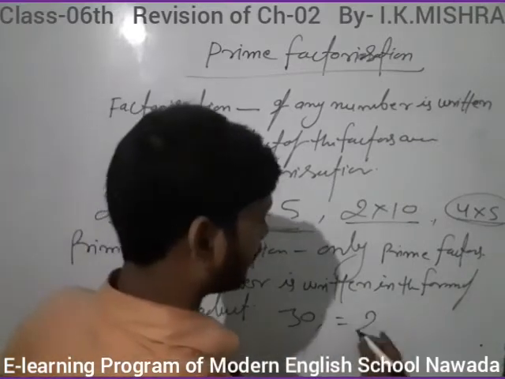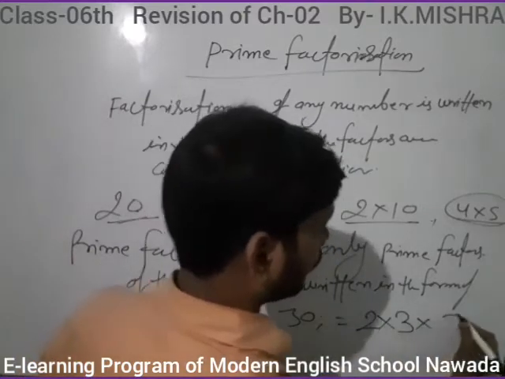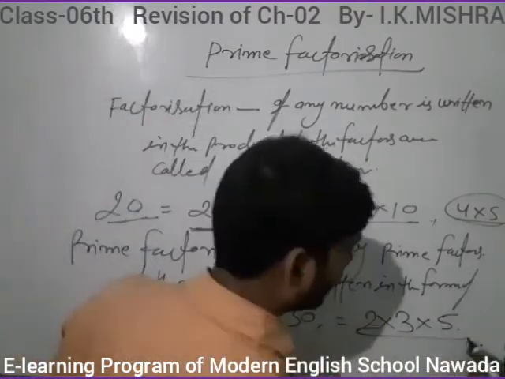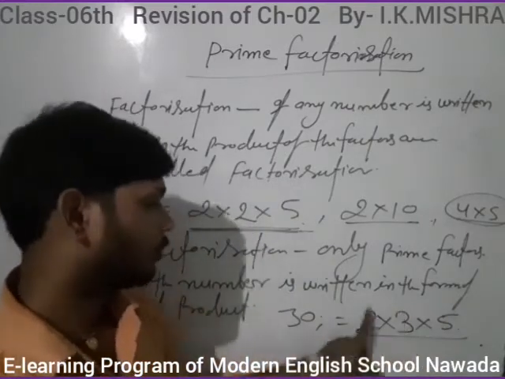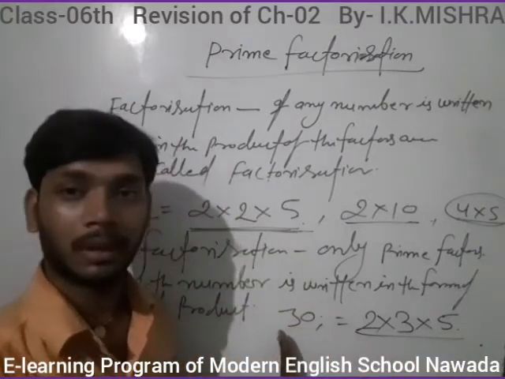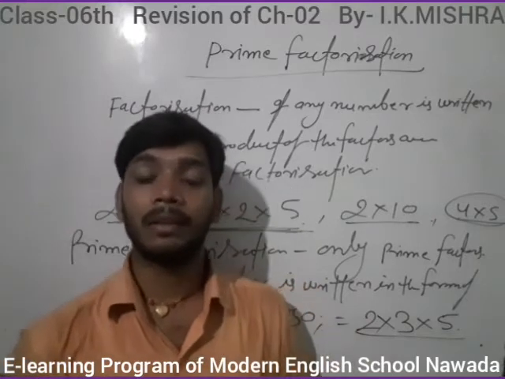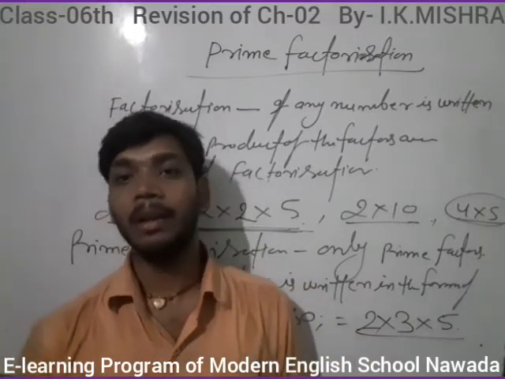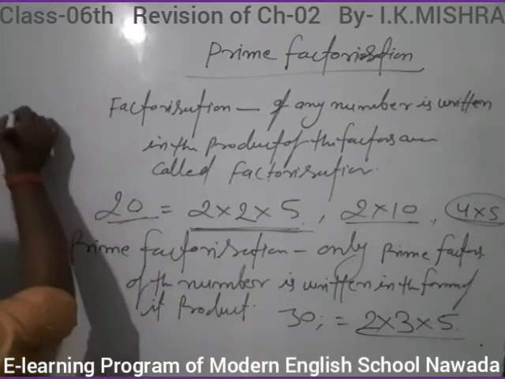That means it will be written as 2 into 3 into 5, and all of these are prime numbers written in product. So these are the prime factorization of 30. Similarly, students, you can write the prime factorization here. Clear?